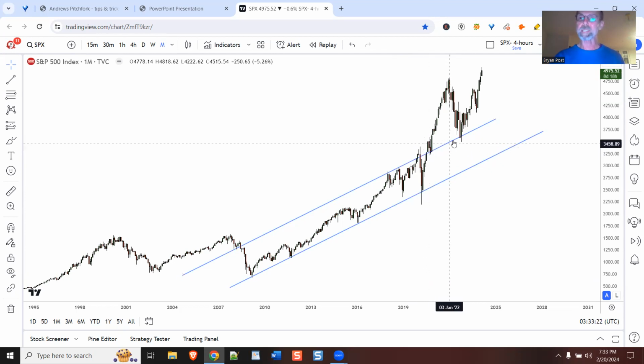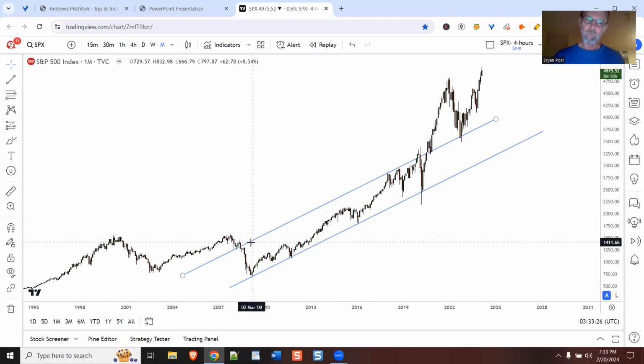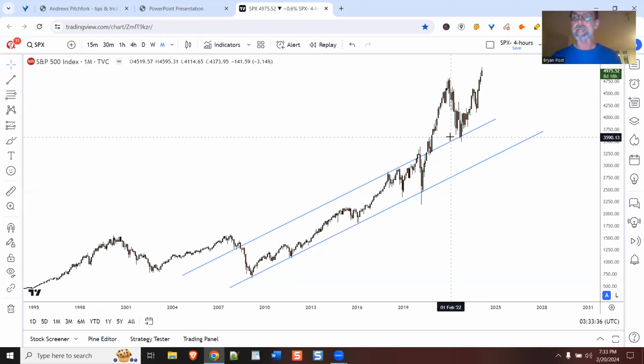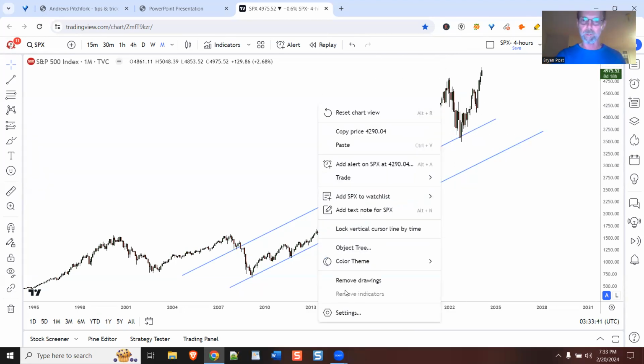It's not just a coincidence that price came back exactly to that level. What we've done here is identified a valid support and resistance level. It's just that it's on a sloped line instead of a horizontal line. And so anyway, enough about support and resistance.